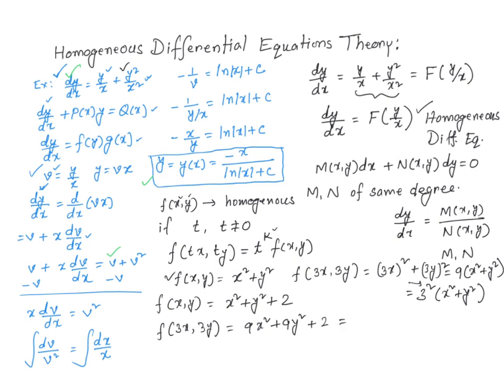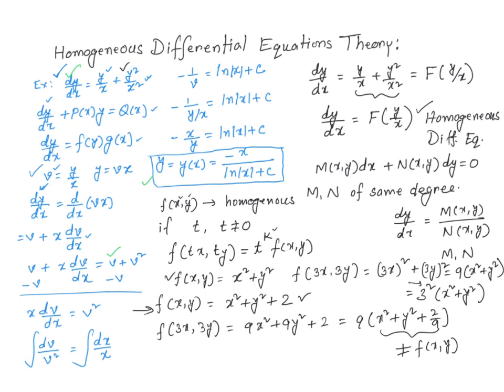If you factor out 9, you get x squared plus y squared plus 2 over 9. However, this is not equal to f of x, y, which is x squared plus y squared plus 2. Therefore, this is not a homogeneous function.